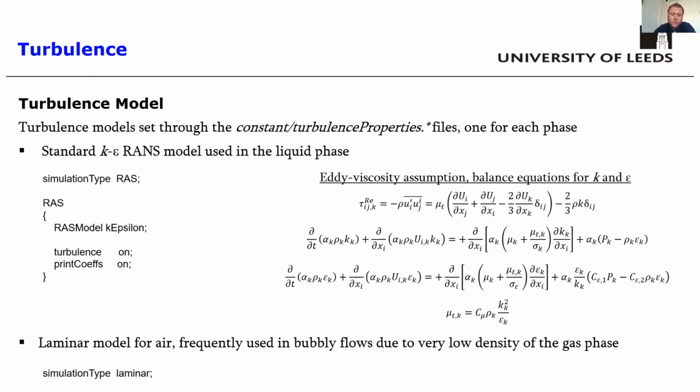For the air instead, we consider a laminar flow, and this is normally acceptable in bubbly flows because air has a much lower density with respect to water, and so it won't have so much effect. So it's absolutely fine to neglect a turbulence model for the air phase.